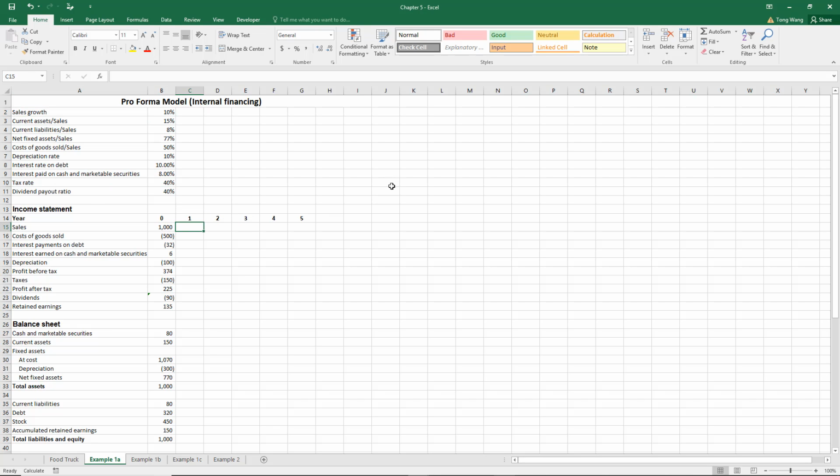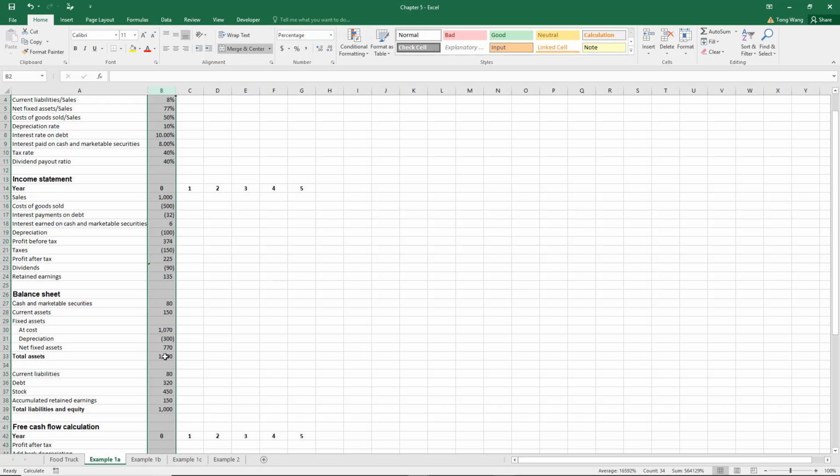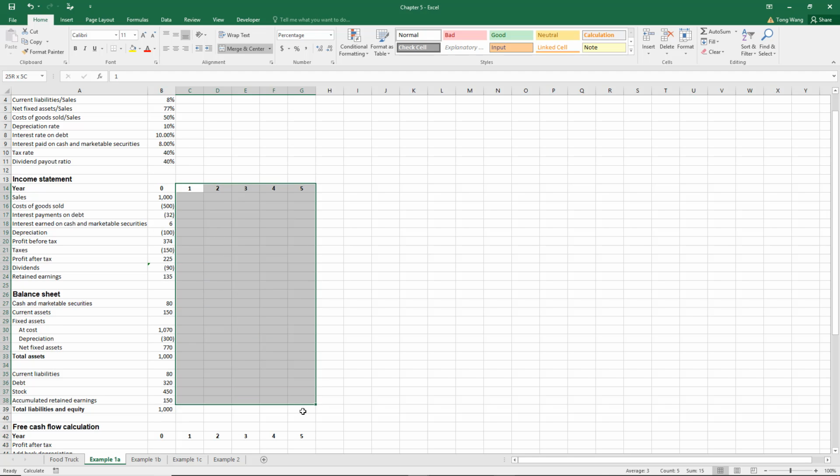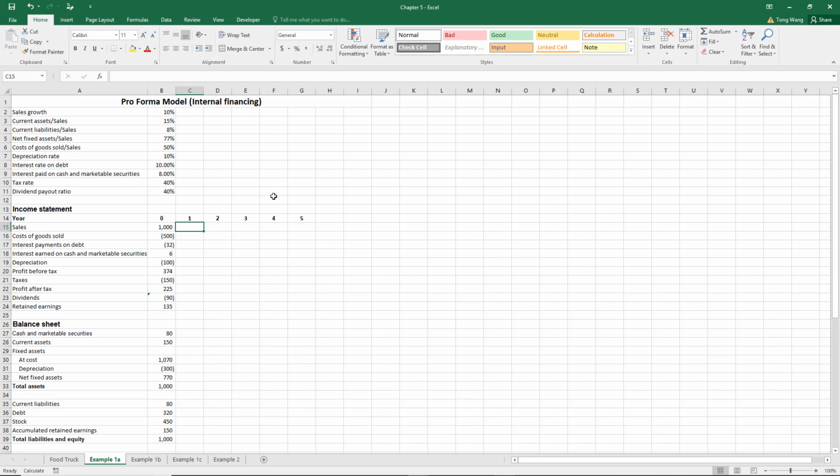So year 0 typically is our current year, so this has already happened. So this column is not pro forma. This is the actual numbers. So pro forma starts from year 1. So this is year 1 in the future, year 2 in the future, and so forth. Okay. So our year 1 sales forecast is going to be equal to the current sales multiplied by 1 plus the sales growth rate.